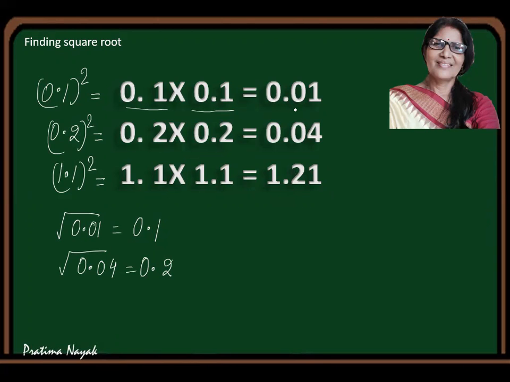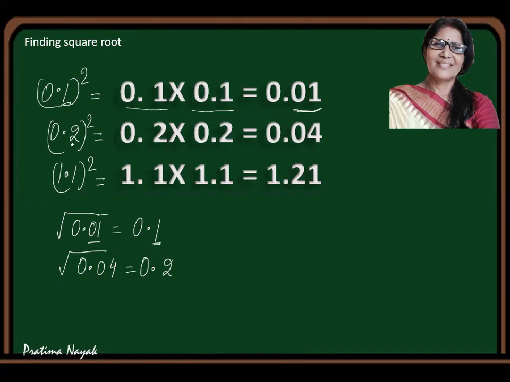So what I mean, you see that when the number has one digit after the decimal, in its square I am getting 2 digits after the decimal. In the same way, when a number has 2 digits after the decimal, its square root has only 1 digit after the decimal.